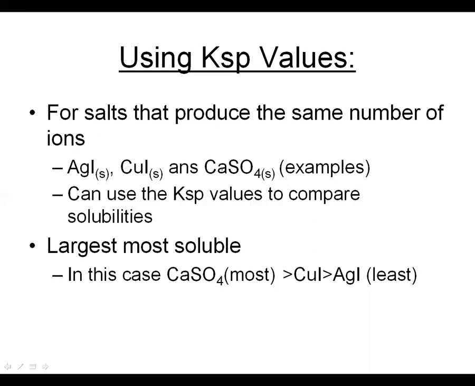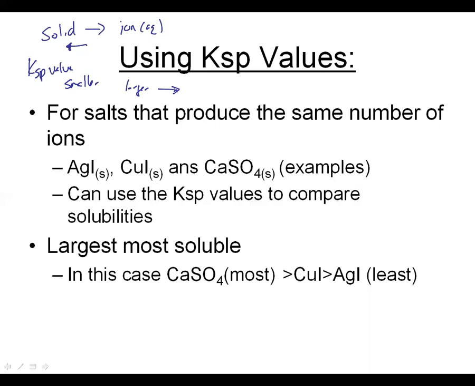If we think about how Ksp equations are set up, they always have solids on the reactant side and aqueous ions on the right-hand side. So a smaller Ksp value would mean that we would have more solid. A larger value would mean we would have more products, right?